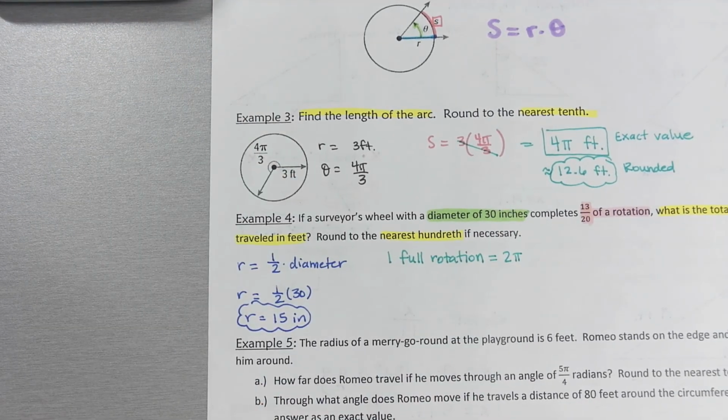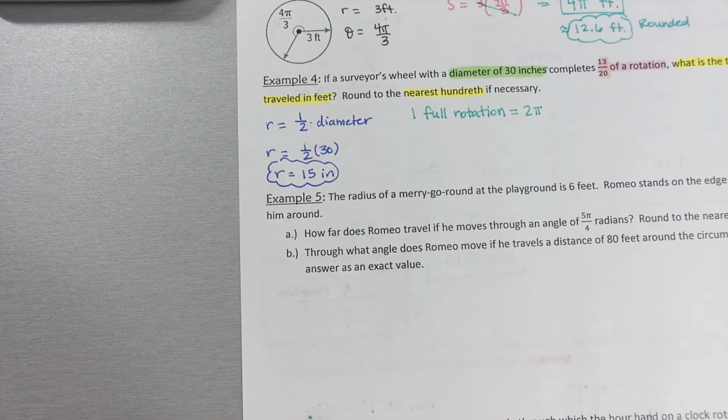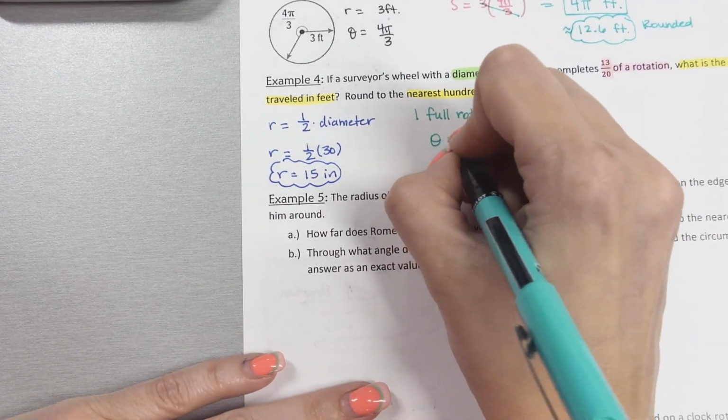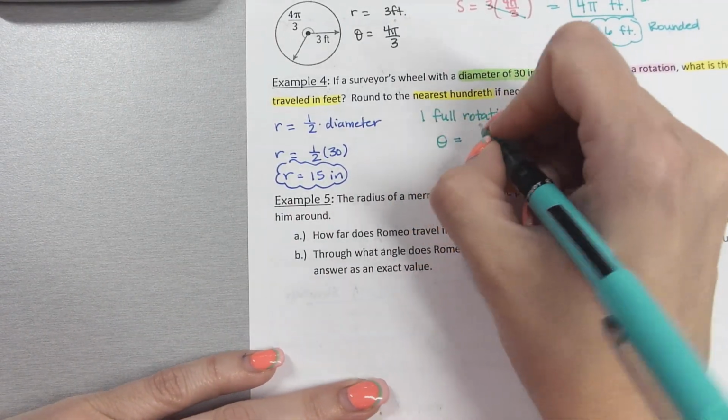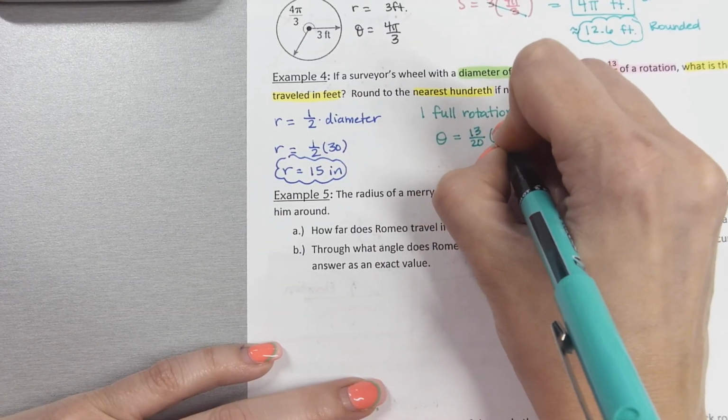In order for us to find theta, we have to find 13/20ths of 2 pi. So we just multiply together: 13/20ths times 2 pi.